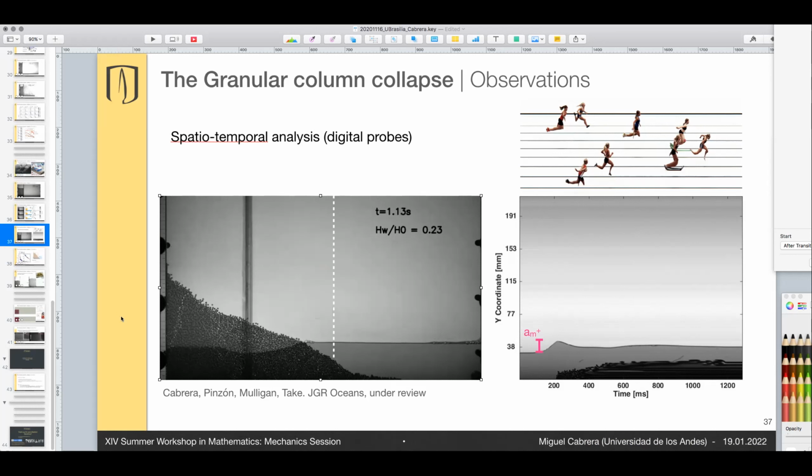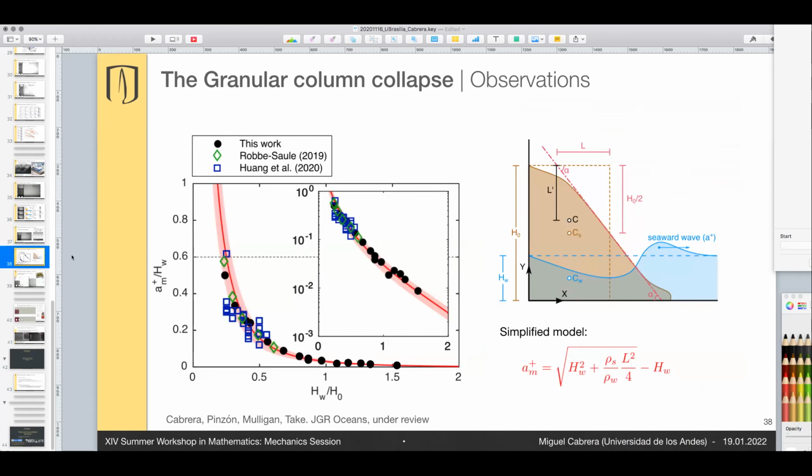But what I want to call the attention to is that if you ignore what is happening in the kinematics of the process, and just compare the initial conditions, aspect ratio, and fluid level, with the result, wave height, if you just see the problem as a picture of those two quantities, you can predict what will be the wave amplitude in relation with the initial conditions.